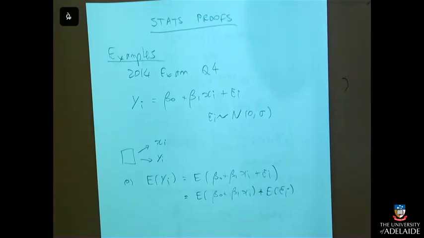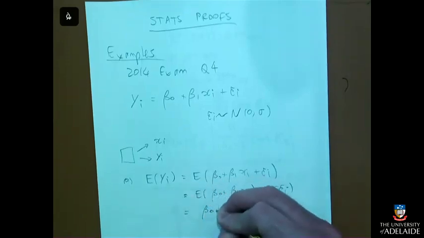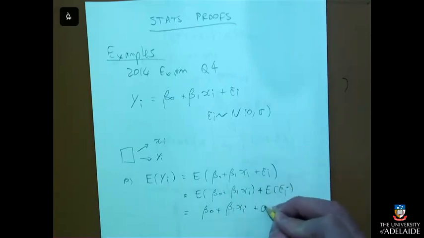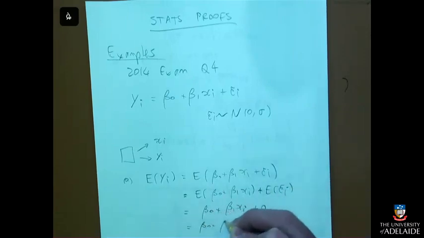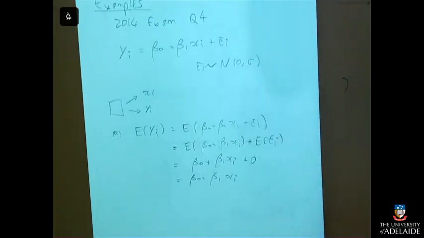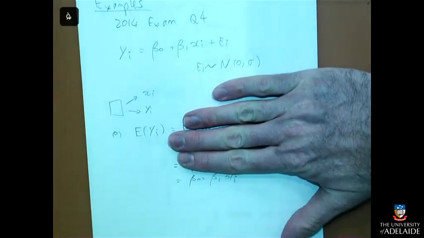I don't know what beta naught and beta 1 are, but they're constants, and the xi is constant too. I'm imagining that they're not chosen randomly. Well, I don't care whether they're chosen randomly, so I consider them to be constants. Since they're constant, they're always the same, and the expected value of the epsilons is 0. The exam writer said write down, so you don't have to show working for this. You are allowed to go straight to there.